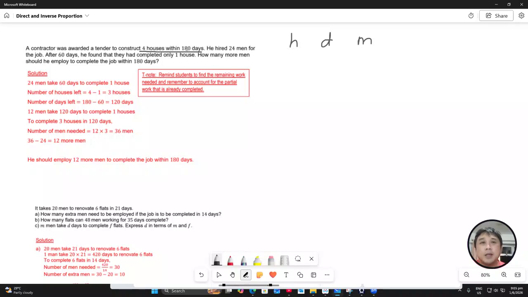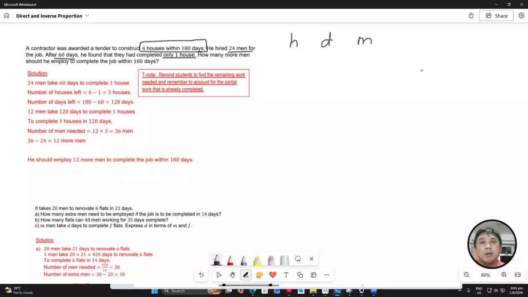Technically, this is the task that you must complete, 4 houses within 180 days. The parameters given are 24 men, and these 24 men completed only one house within 60 days.